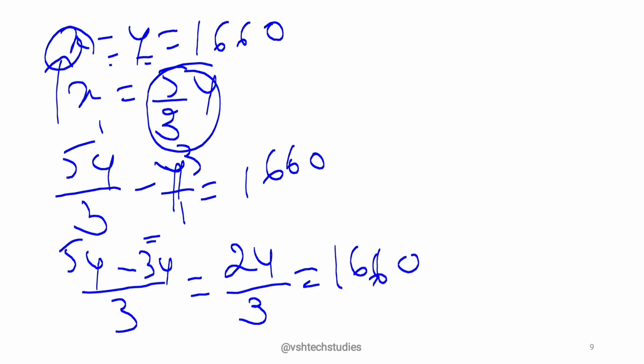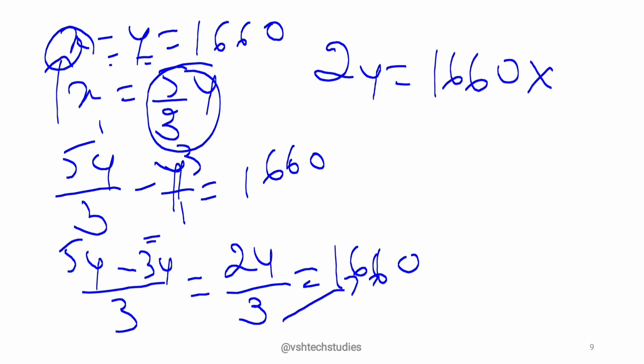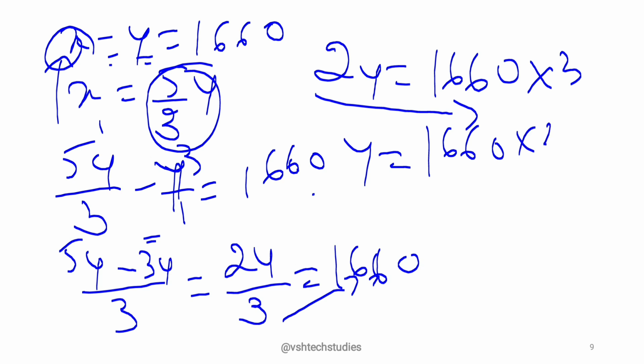Hence 2y is equal to 1660 into 3. You send the 3 to the other side, it becomes multiplied, and you send this 2 to the other side, y becomes 1660 into 3 upon 2. Now simplifying, 2 ones are 2, 2 8s are 16, 2 3s are 6, 0 is there.